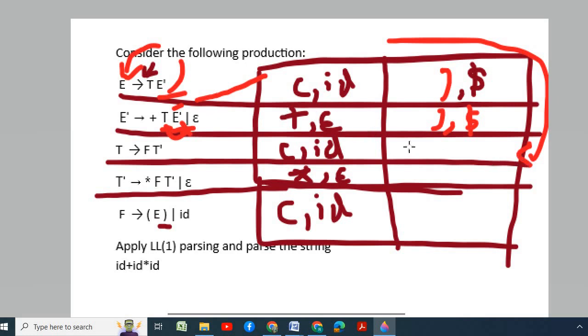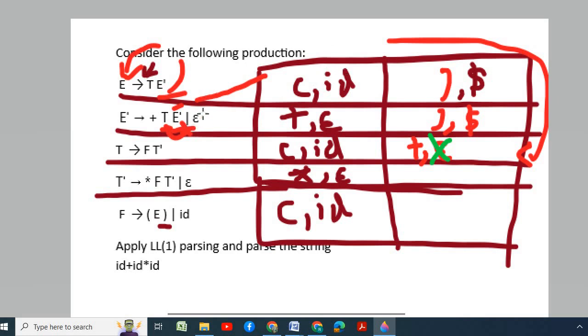The first of E' is plus and epsilon. The follow rule says there should not be epsilon, so we have to remove this epsilon. When we want to remove the epsilon, what do we have to do?